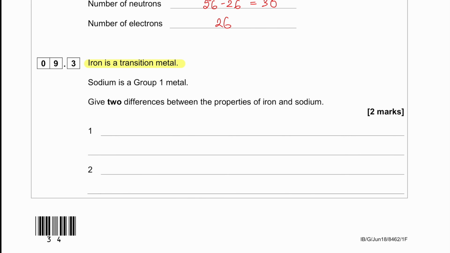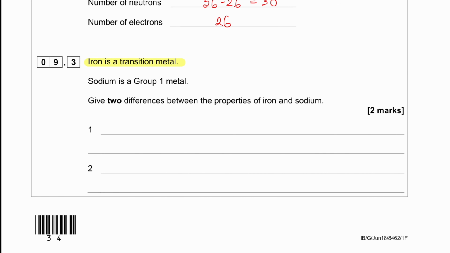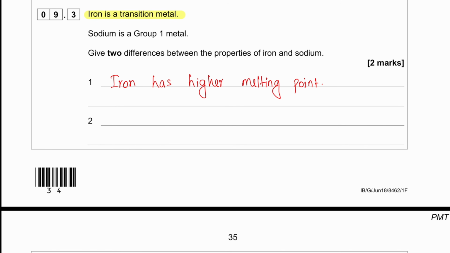Iron can be used as a catalyst compared to sodium. Since we have to give two differences, we're going to mention for the iron: iron has a higher melting point. Guys, iron has a melting point of around 1000 degrees Celsius, and sodium melts at 89 degrees Celsius probably, or somewhere below 100. So definitely you can see it has a very high melting point.